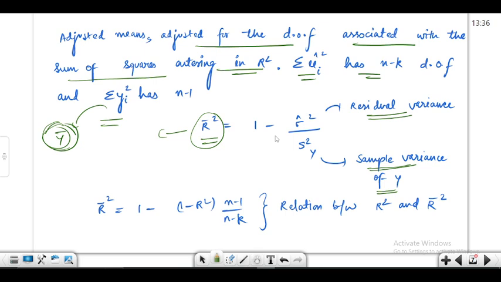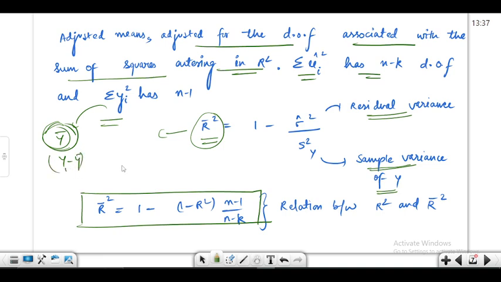So now, what is the relation between your adjusted R square and your R square? It is given by this formula, where adjusted R square is basically equal to 1 minus (1 minus R square) multiplied by the ratio of the degrees of freedom of the sums of squares.